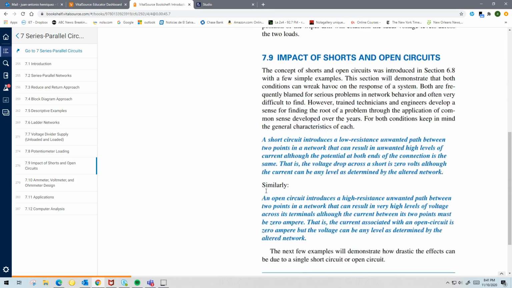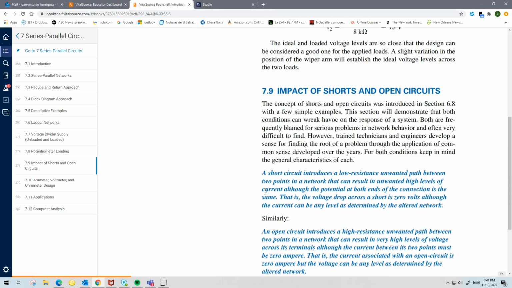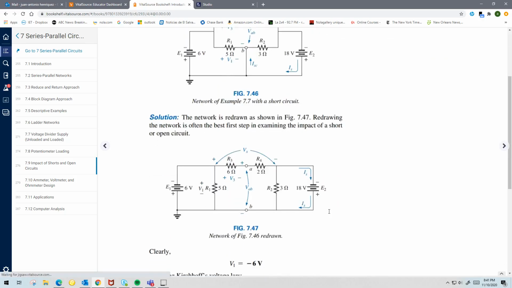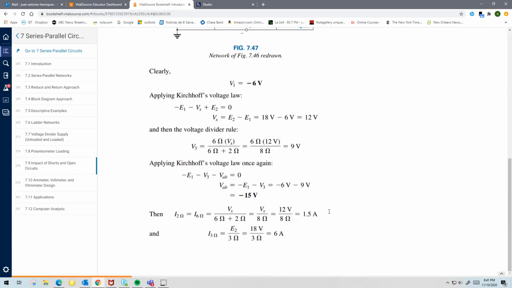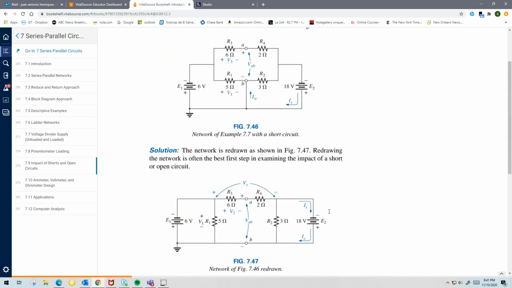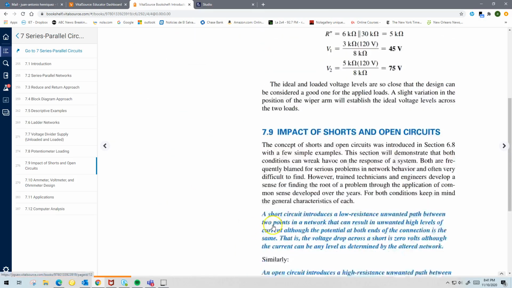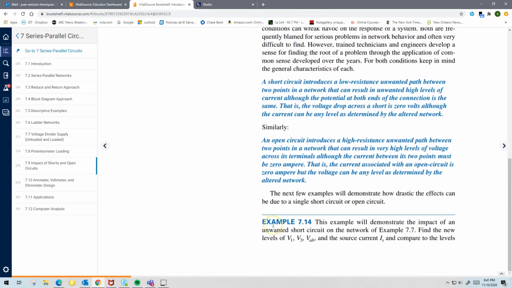All right, now let's look at the impact of shorts and opens in circuits, which is very important. I'm going to leave you to read this. Let's see this example, just to see the impact of what happens if you have a short in the circuit.